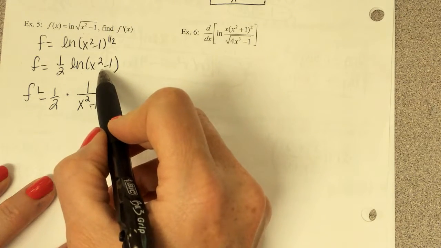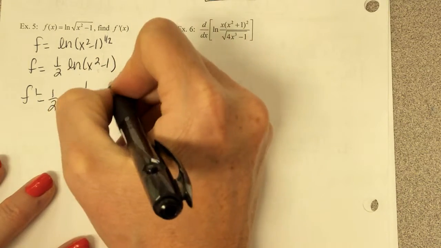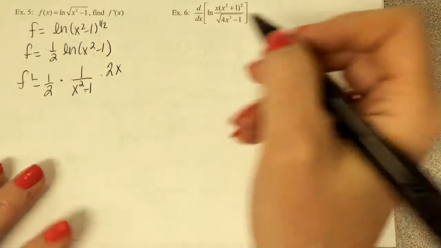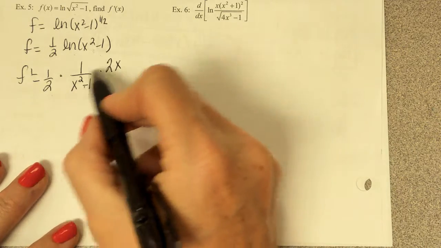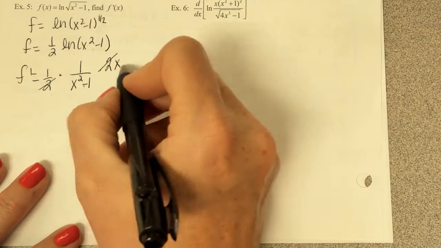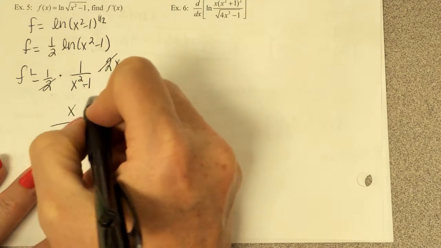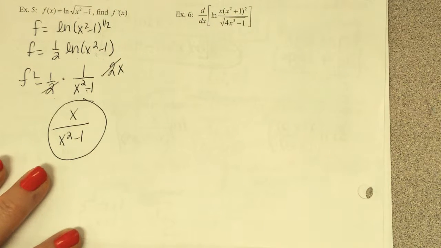What's the derivative of this x squared minus 1? 2x. Well, I can go ahead and cancel these because I have 2 divided by 2. I might as well do that. So in the numerator, I'm left with x. In the denominator, x squared minus 1. That would be our final derivative.